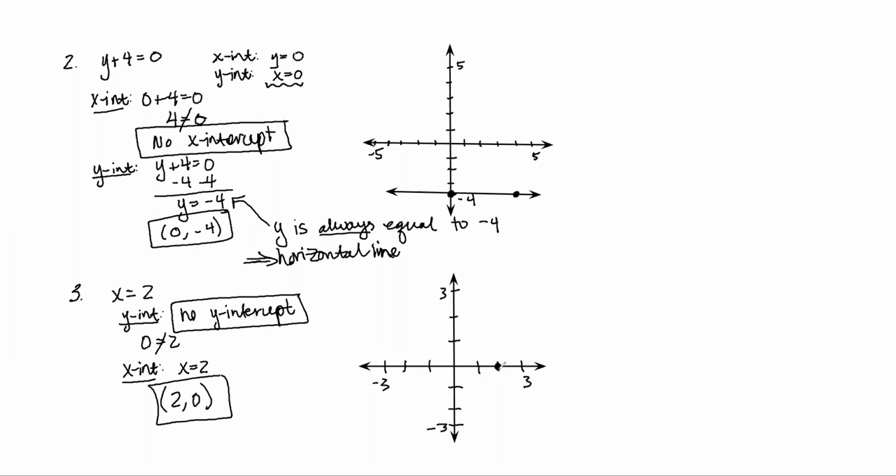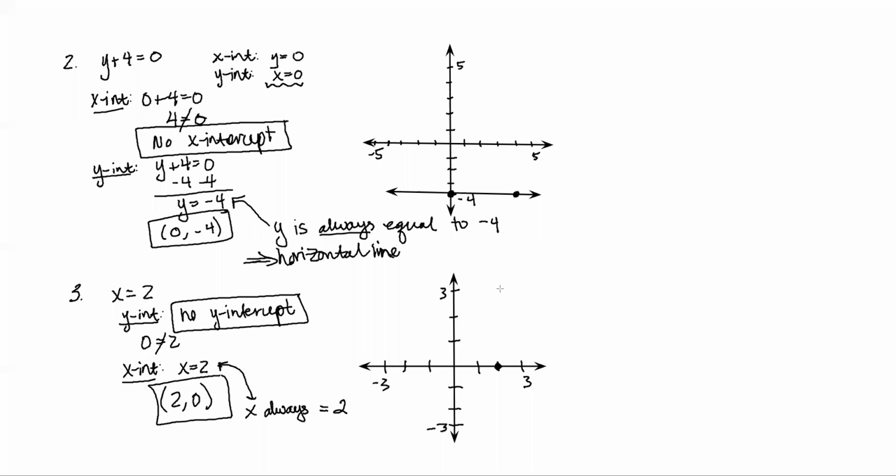And now this equation is telling us that x is always equal to 2. So since x is always equal to 2, that means I can go up or down, but I can't move any further left and right. Otherwise, we would end up hitting the y-axis at some point, but we know we don't have a y-intercept.